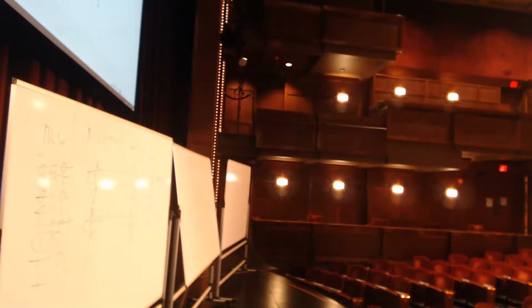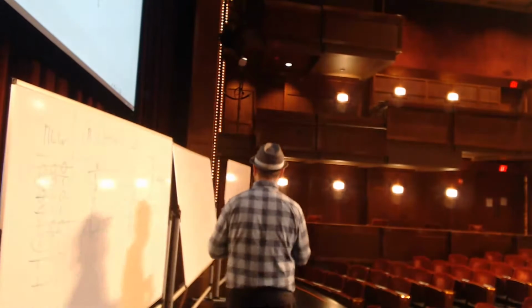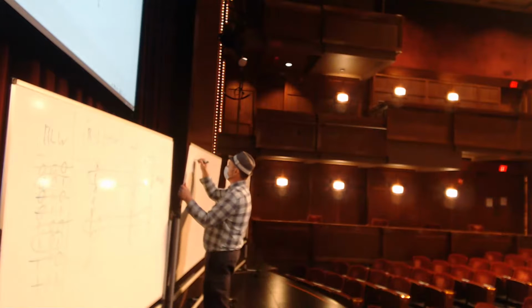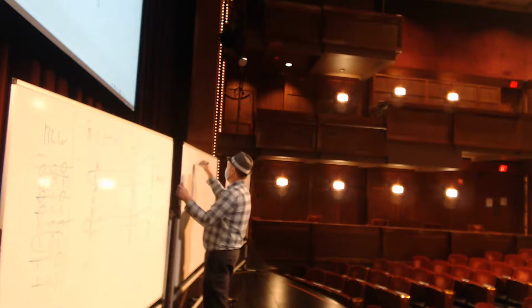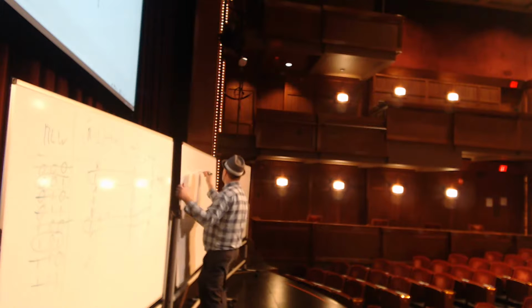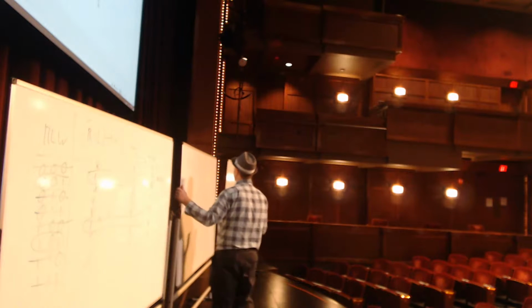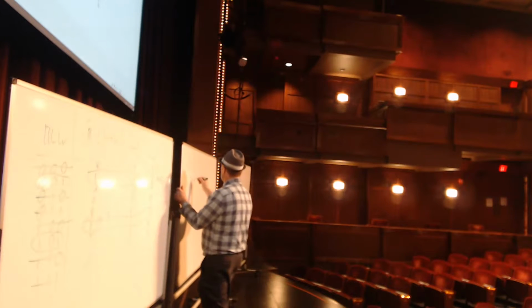All right, let's run through this quickly. So we have E, B, and R. That gives 8 possible sets of values.